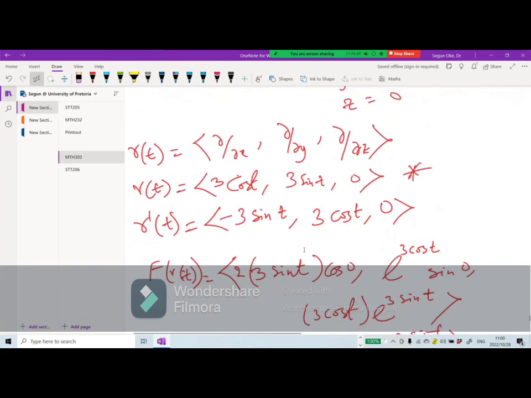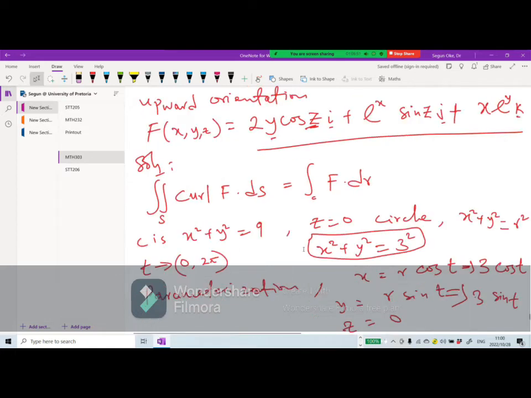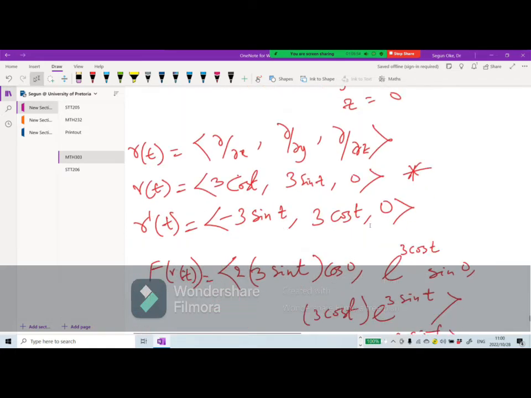Each of them carries its own component. We are integrating compartment by compartment; we are just doing i, j, k. That's what we are doing here. Are you getting it?